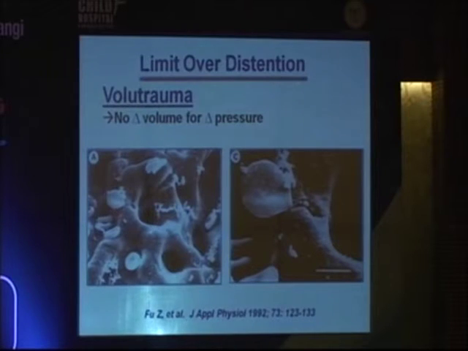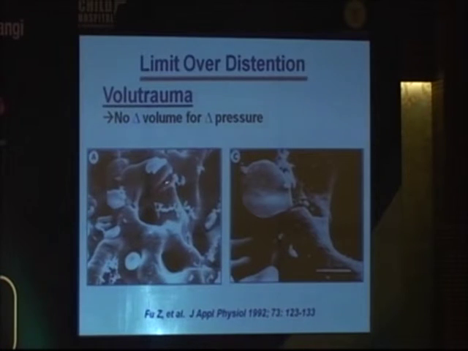And on the other hand, not so much positive end expiratory pressure that we are on the flat portion of the volume pressure relationship, because here this will lead to a situation where there is no further recruitment, no further increase in lung volume for the change in pressure.